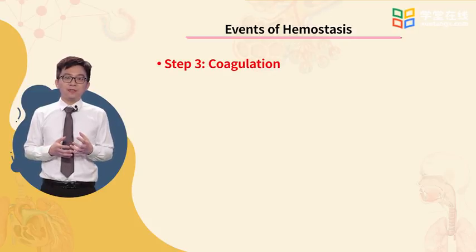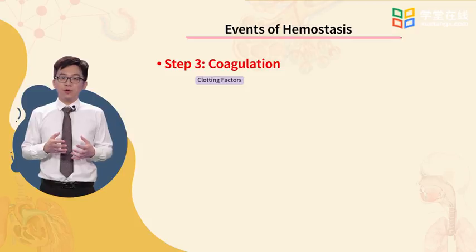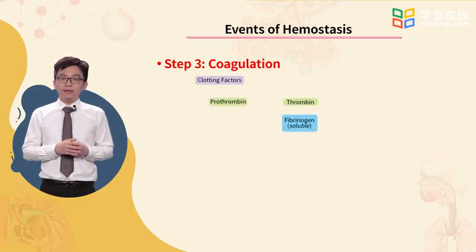At least 12 substances called clotting factors take part in a series of chemical reactions that eventually create a mesh of protein fibers at the site of the injured vessel. Each of the clotting factors has a very specific function. We will discuss just 3 of the substances here: prothrombin, thrombin, and fibrinogen.